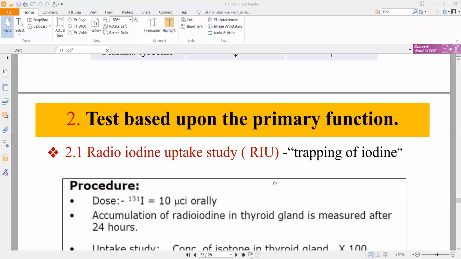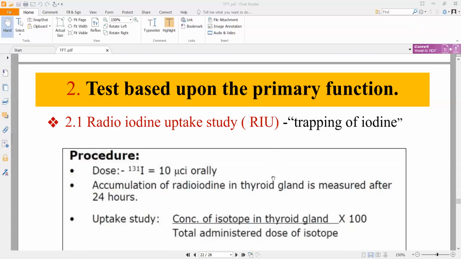Now, what you do is after 24 hours, you will check the accumulation of that iodine in the thyroid gland. Normally, you know that iodine is responsible for the formation of T3 and T4. If you remember, in the initial part of the classes before we started TFT, I told you that T3 and T4 are made using iodine and tyrosine.